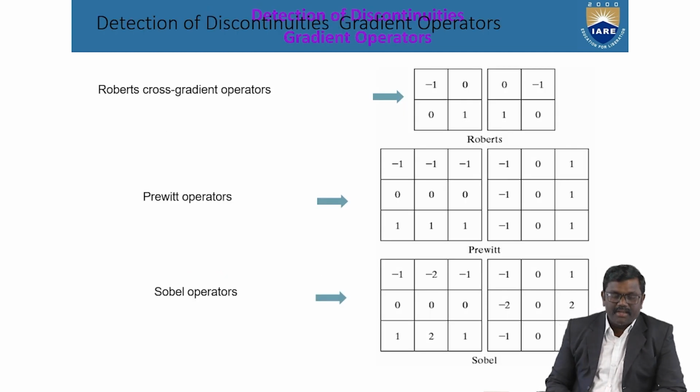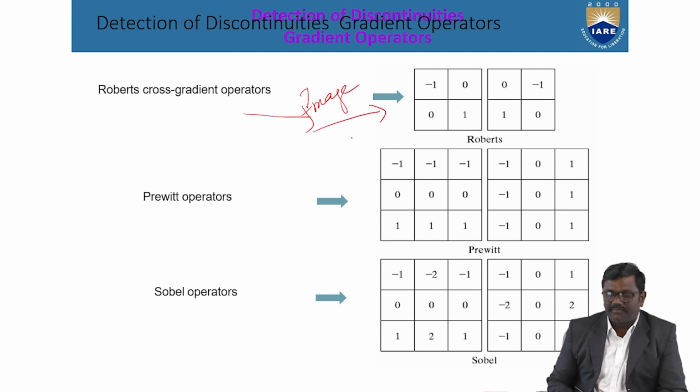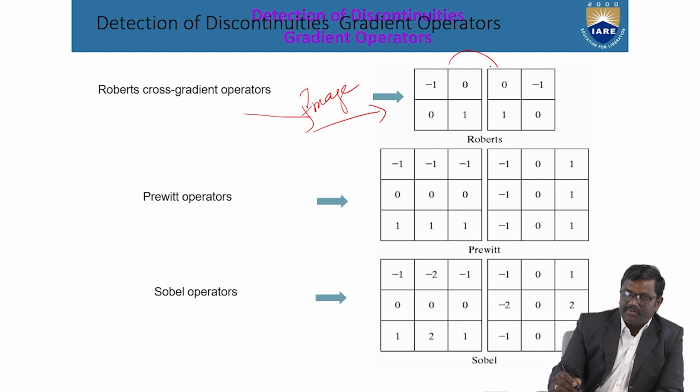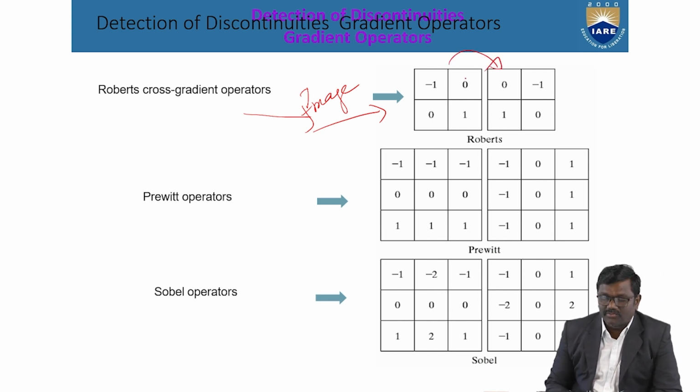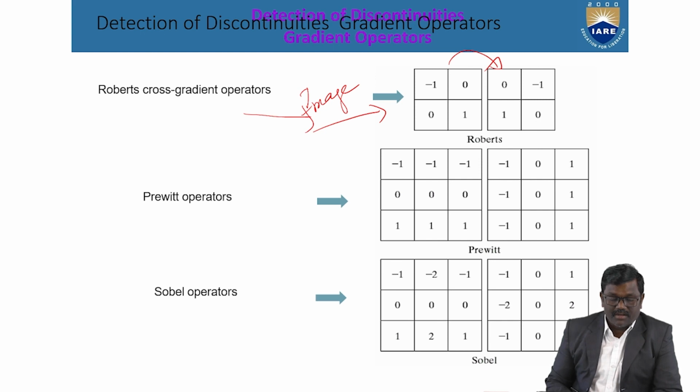Coming to the Roberts cross gradient operations, which we apply to the standard image, we find the values in terms of changes, and the differences also change, rows as columns, but the sign values change.